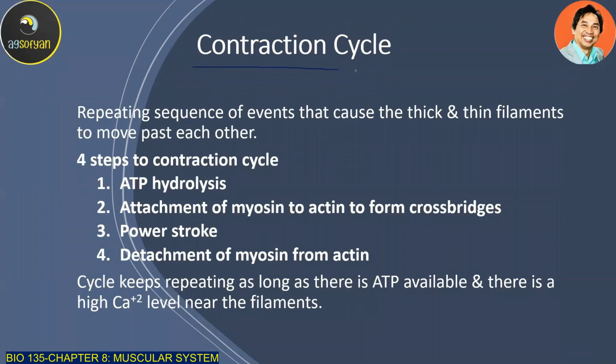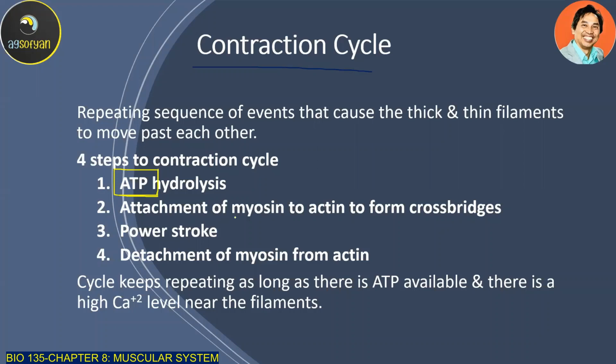Now we go to the contraction cycle. Remember, in order to start contraction, after the myosin head binds to the myosin binding site on the actin, it requires ATP. ATP will bind to the myosin head.